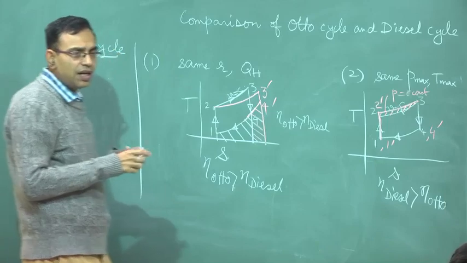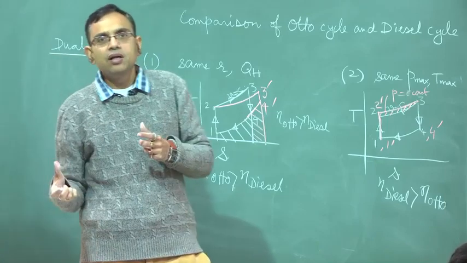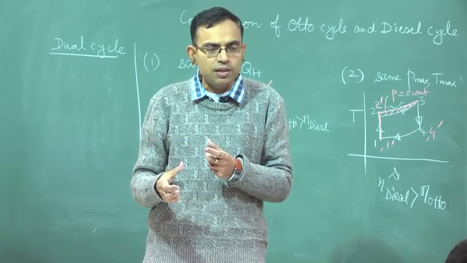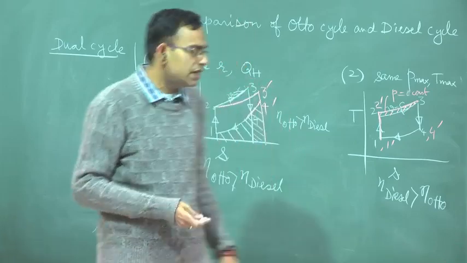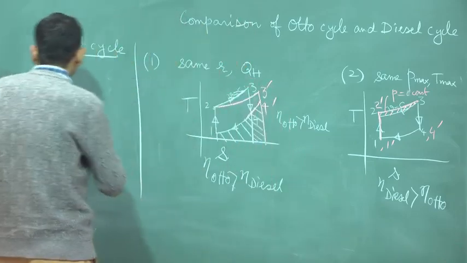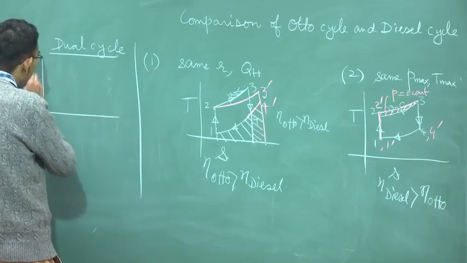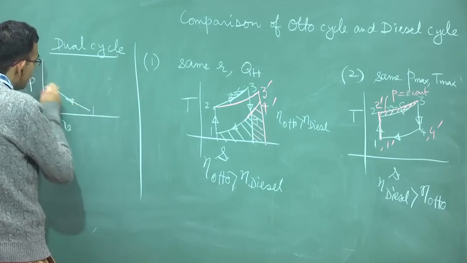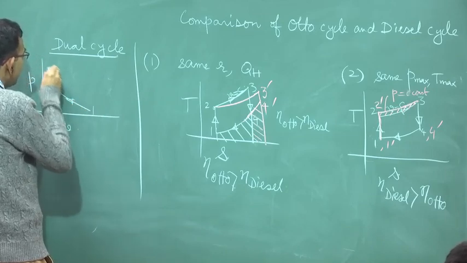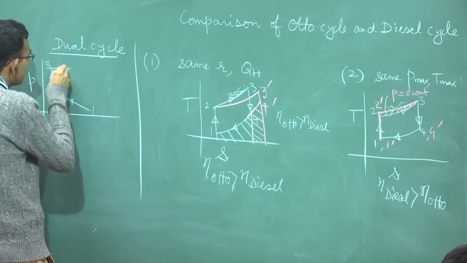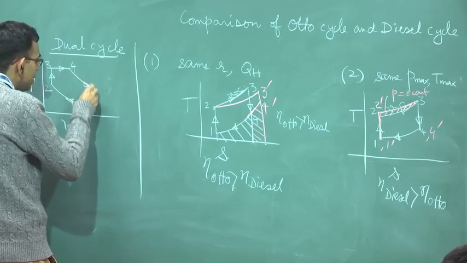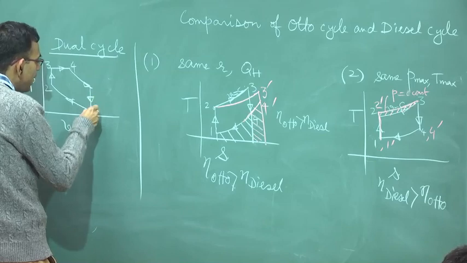The dual cycle is a combination of the Otto cycle and diesel cycle in the sense that part of the heat is added at constant pressure and part of the heat is added at constant volume. If you draw the PV diagram, you have compression, then heat addition partly at constant volume and partly at constant pressure, but heat rejection definitely at constant volume.